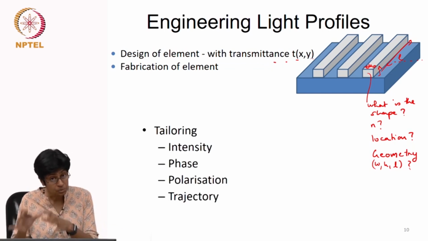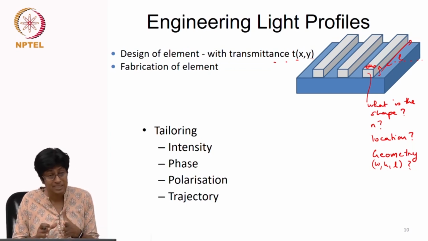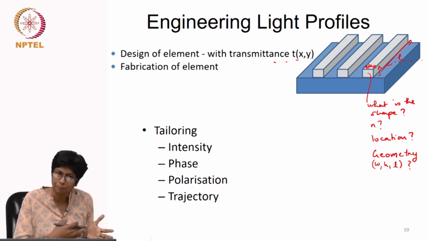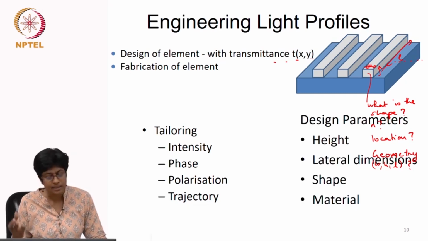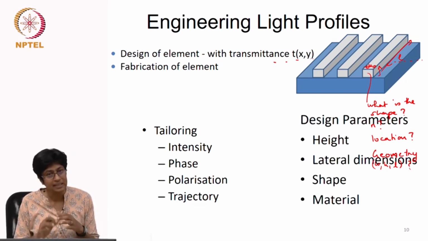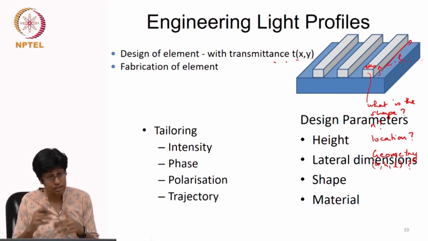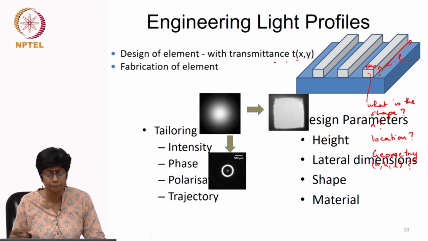So I'm going to use this element now to tailor the incident beam's intensity, its phase, its polarization, even the path it takes, its trajectory. And as I mentioned, the design parameters can be the lateral dimensions, where these features are located, the shape, the height, the material.